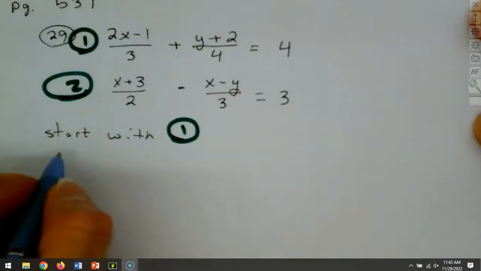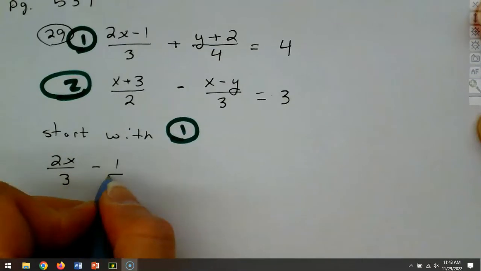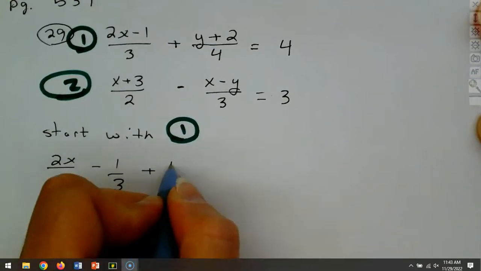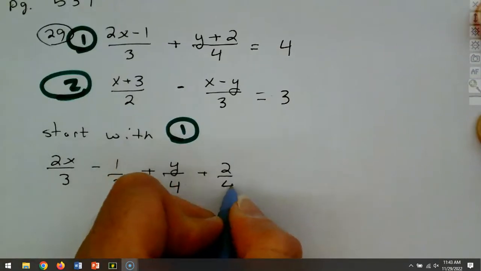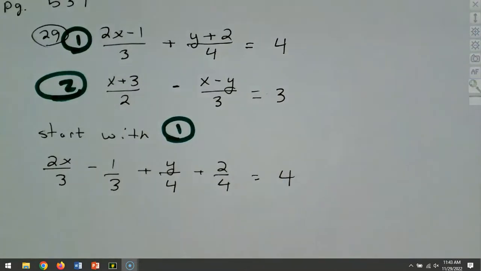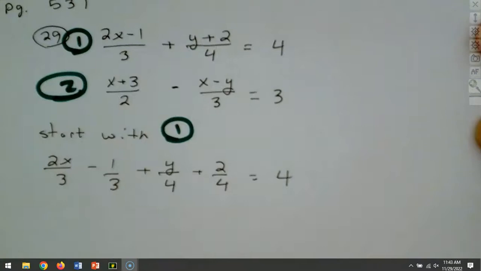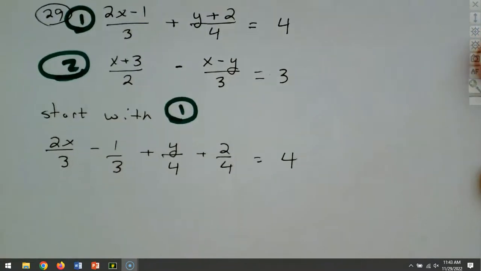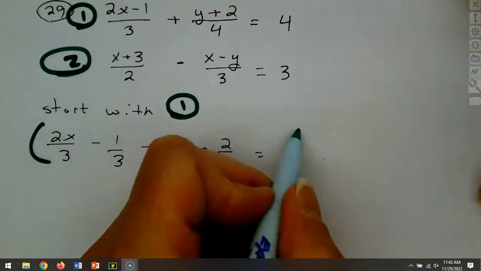So I'm going to split this up into 2x over 3 minus 1 over 3 plus y over 4 plus 2 over 4, and that equals 4. So all I did was I just split it up. Right? I just split it up, split it up, split it up, split it up. And now, what's my two denominators? 4 and 3. So what am I going to use to clear my fractions? 12.